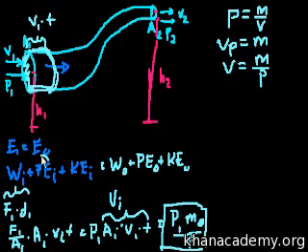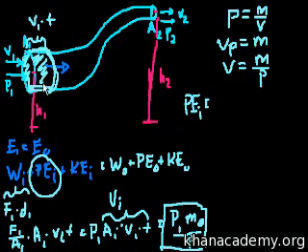What is the potential energy of the system on the left-hand side? Well, the potential energy input is going to be equal to that same mass of fluid that I talked about, times gravity times this input height, the initial height, h1.